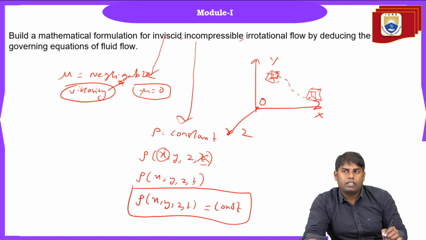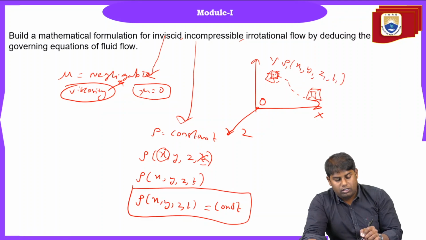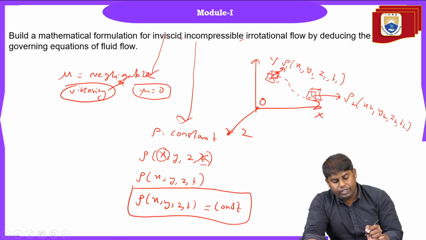The density here is rho 1, which is a function of x1, y1, z1, t1, and here it is rho 2, a function of x2, y2, z2, t2.